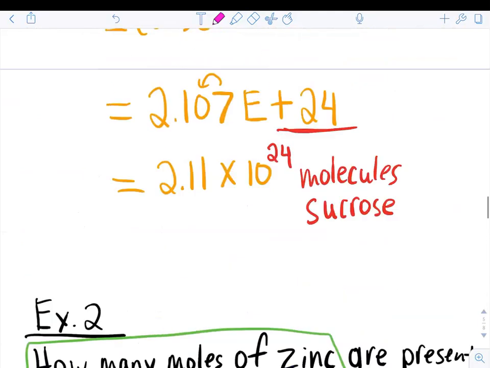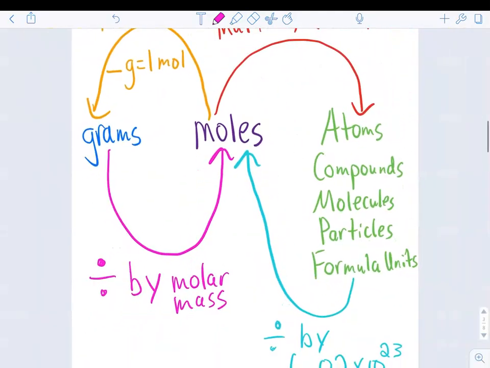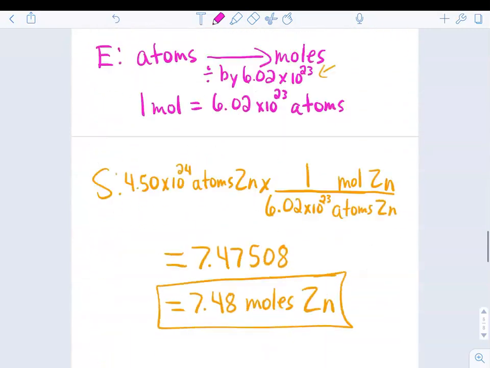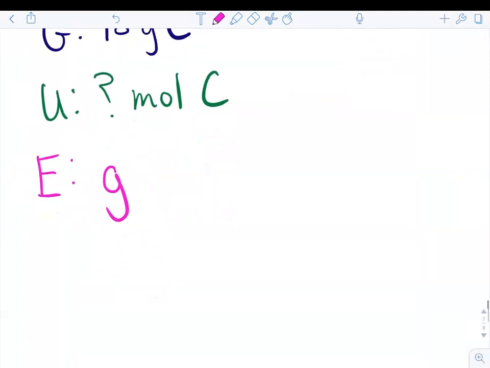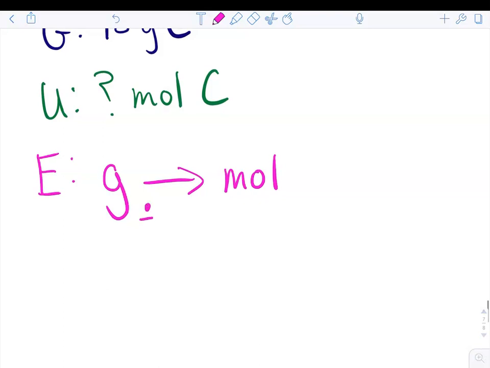So we've got to scroll back up to our chart. We're starting with grams, and then we're trying to get to moles. So if I follow my pink arrow, I can do that. And the way that I do that is I divide by molar mass. So we're going to go from grams to moles, and we're going to divide by molar mass.